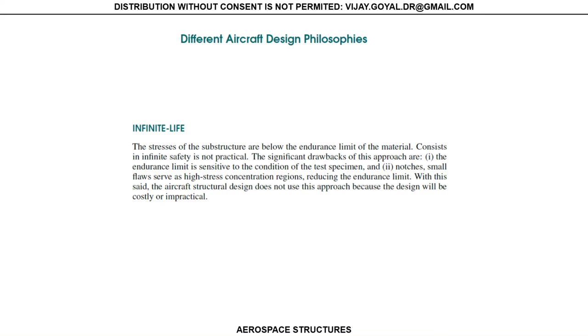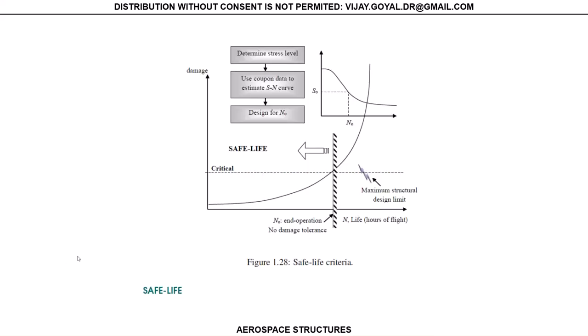So with that said, the second criteria is the safe life criteria. We are basically saying that there is a damage in your aircraft, and that damage is located right anytime over here. So if I have a damage, it doesn't reach my critical damage criteria, so I can still fly my aircraft.